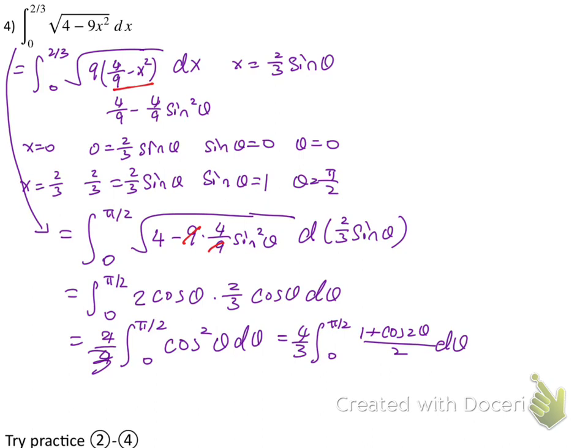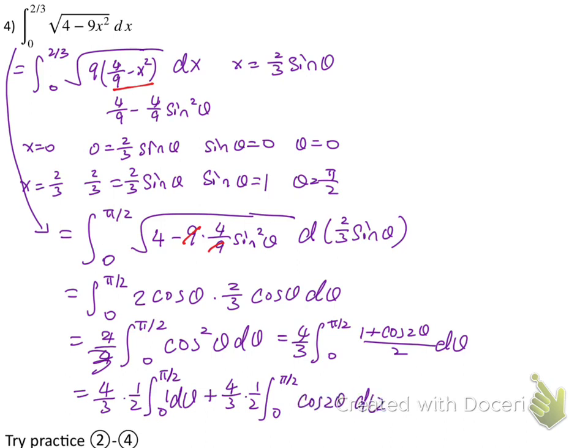So again, I'm having two terms: the 4/3 times 1/2 the integral of d theta, plus the 4/3 times the 1/2, 0 to pi over 2, cosine 2 theta d theta. Again, you want the 2 added to the theta, so you multiply another 1/2 outside. And this gives me, the first part, well, I can cancel the 2.